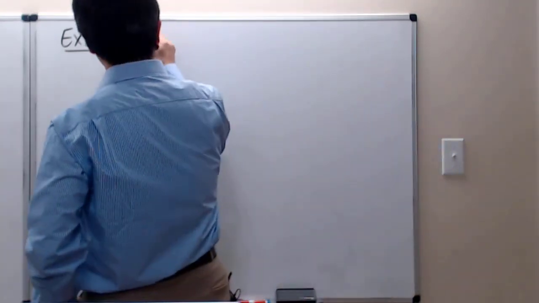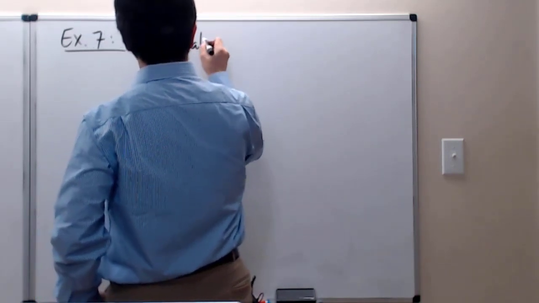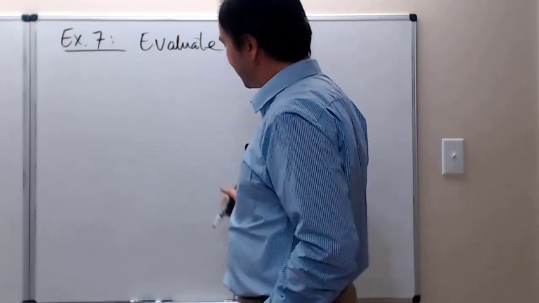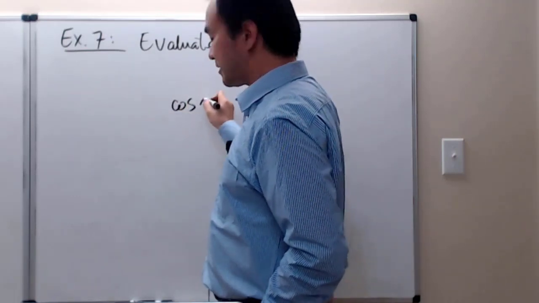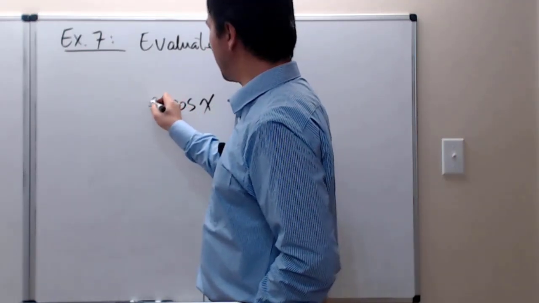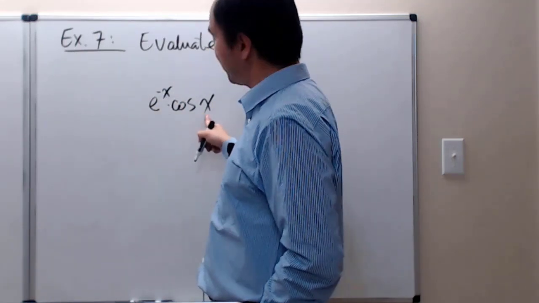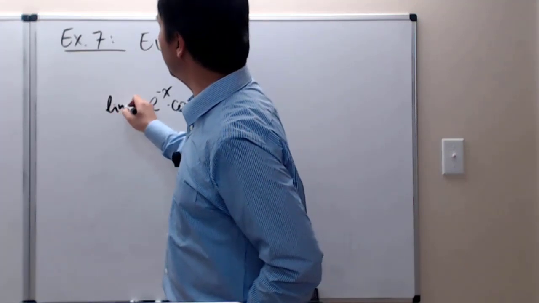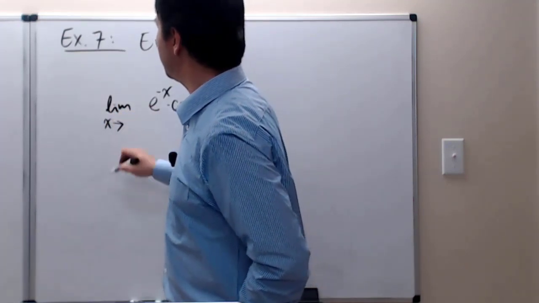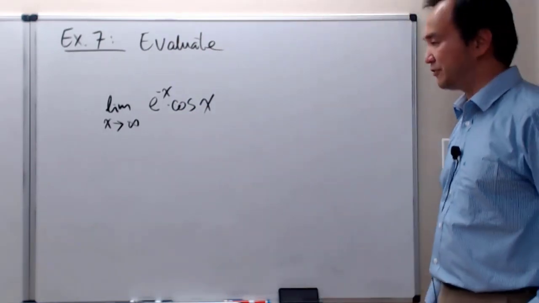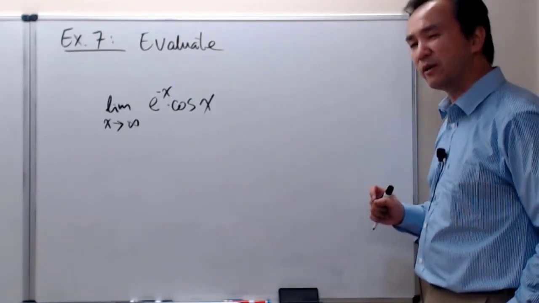So let's evaluate again: cosine of x, in product with e to the minus x. So e to the minus x in product with cosine of x, and now we want to find the limit as x approaches positive infinity. That's just one problem right there. We don't need parts A, B, and C.